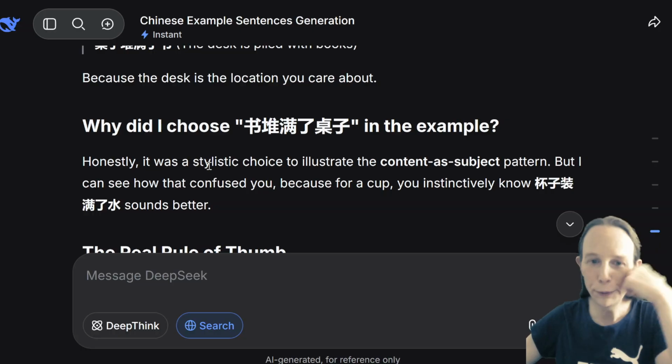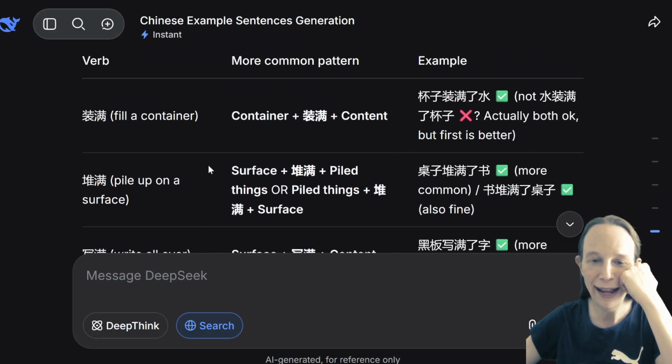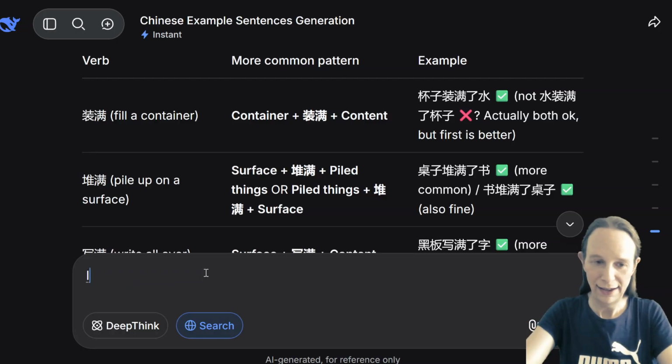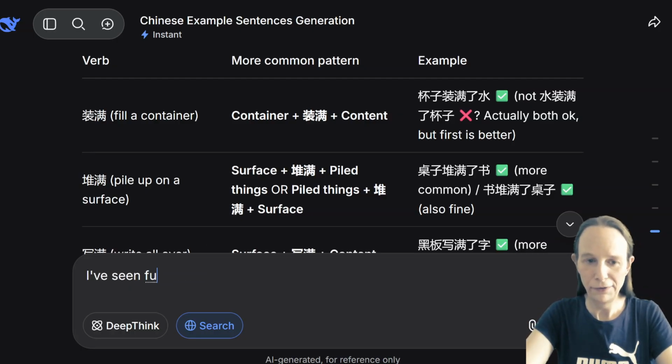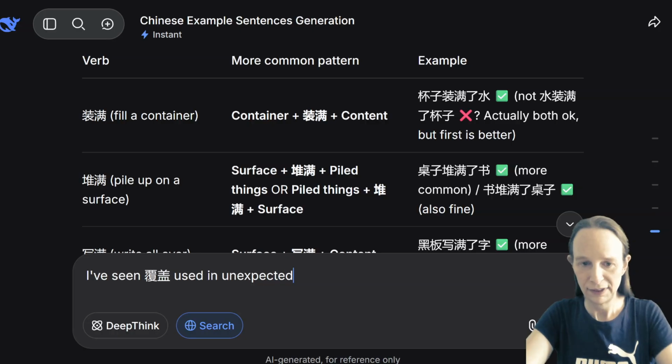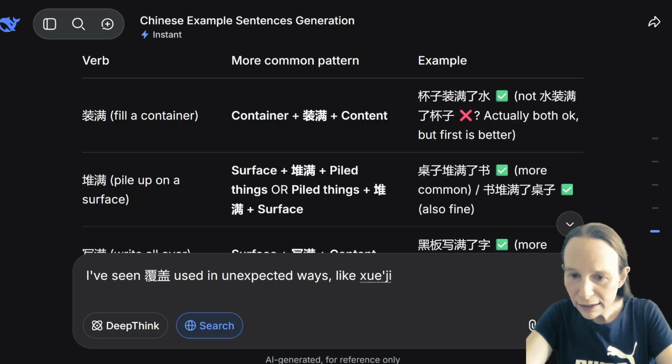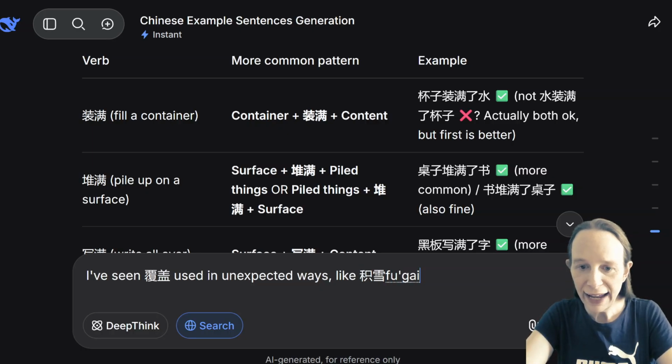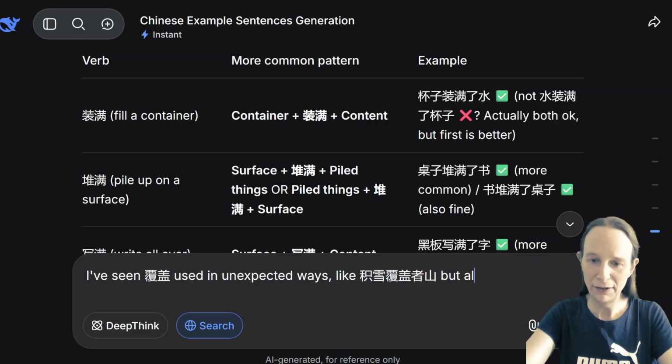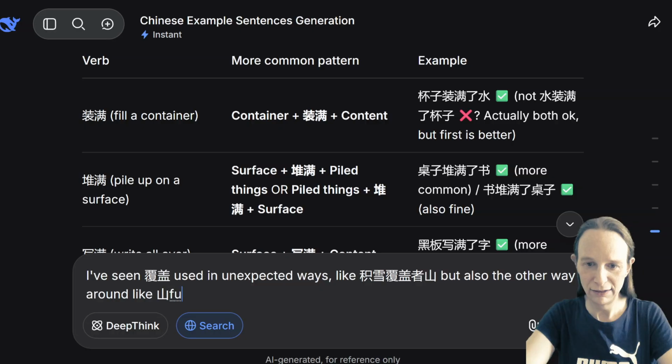So I've seen 覆盖 used in unexpected ways, like 机学覆盖山, but also the other way around, like 山覆盖机学.